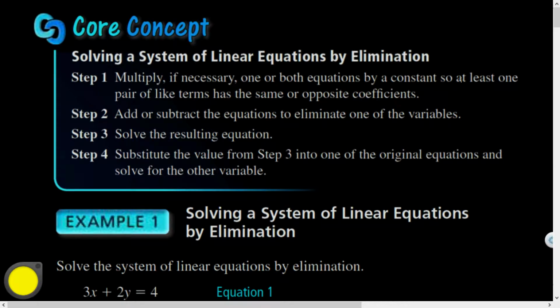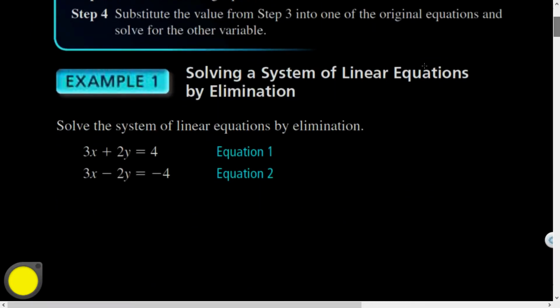Substitution worked great whenever our equations had a weak spot, right? Whenever there was an x or y that would have had a positive 1 or a negative 1 coefficient. But substitution would not be fun for this problem because I would have to trudge through fractions, right? If I want to solve this x, I would at some point have to divide both sides by 3. If I want to solve for this y, I'd have to divide both sides by 2.